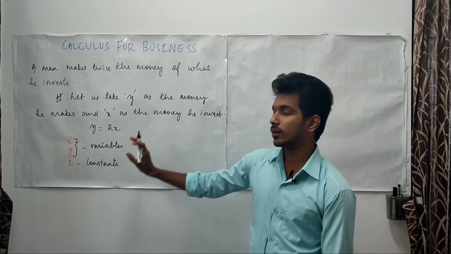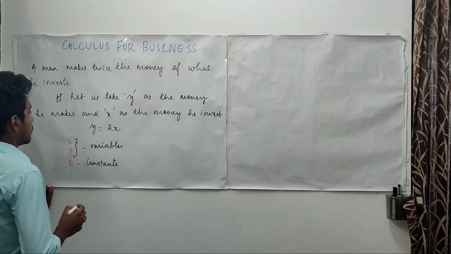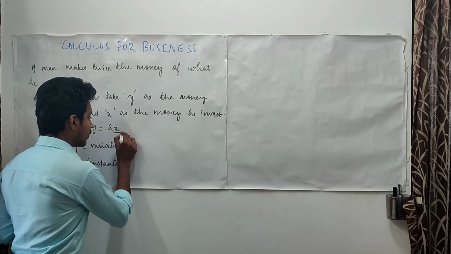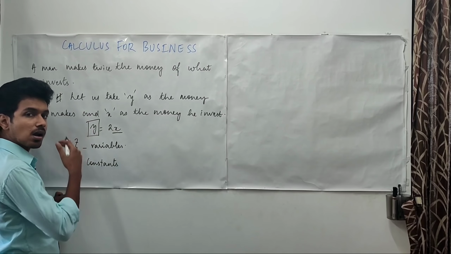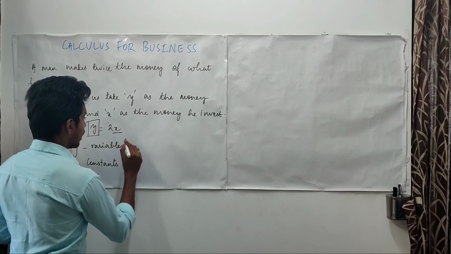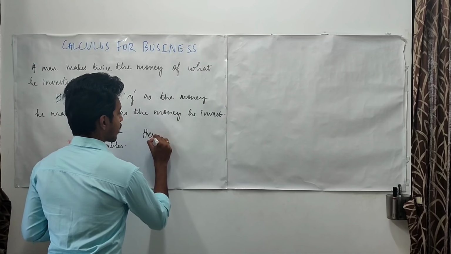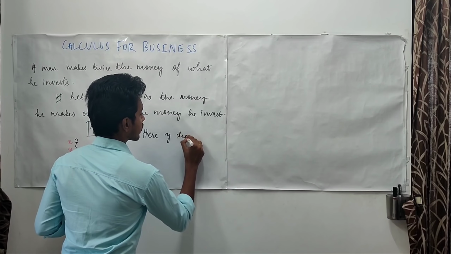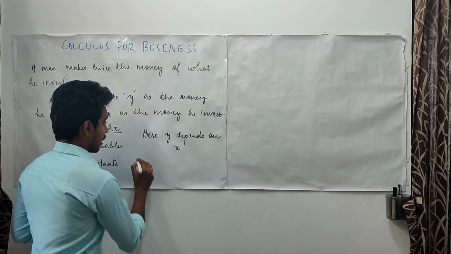Coming back to the variables, based on his investment only he is going to get his income. So this y depends on x.